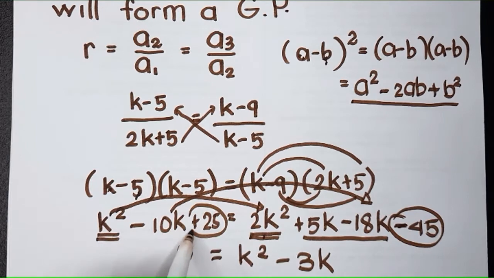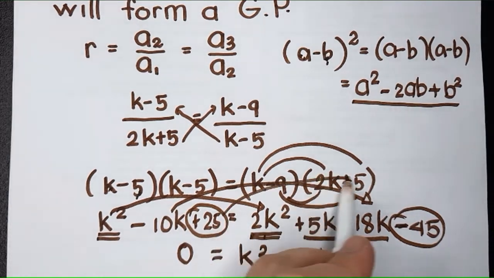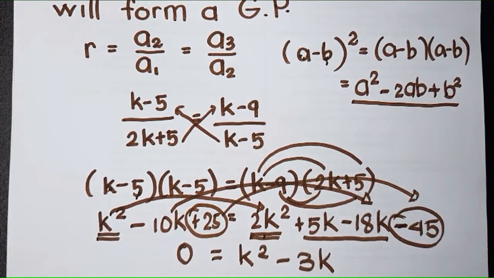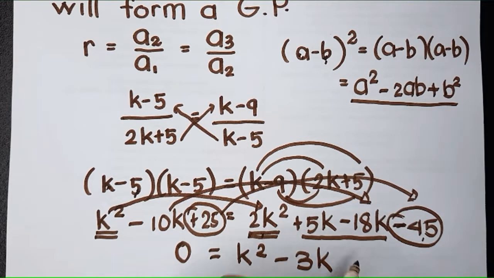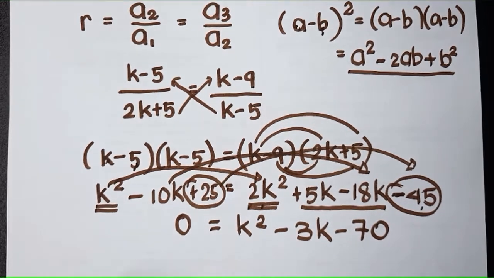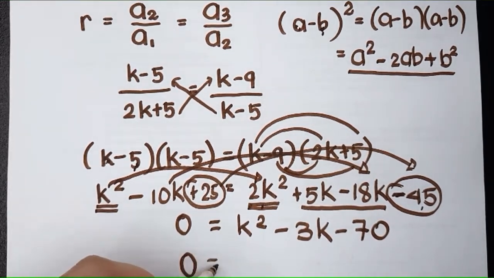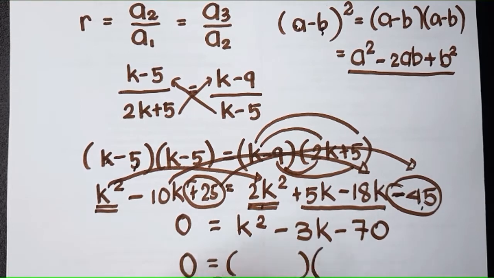And if I transpose positive 25 to this side, it becomes negative 25. So, I'll have negative 45 minus 25, you add them because they have the same sign. So, you will get minus 70.